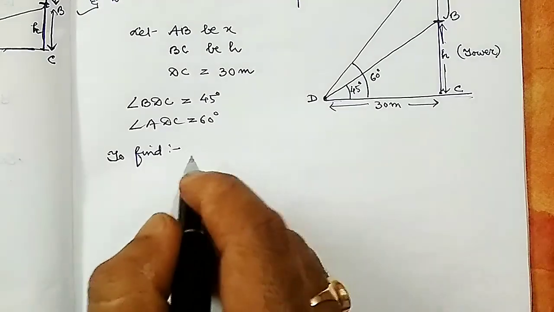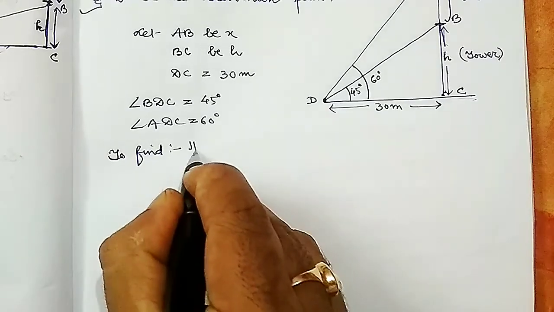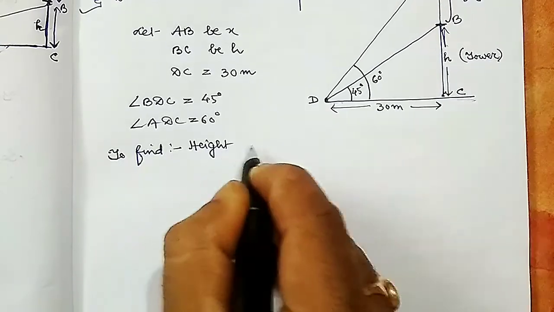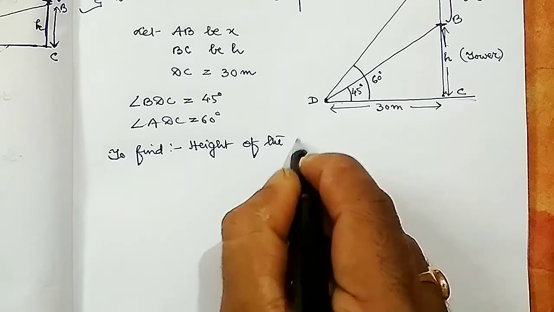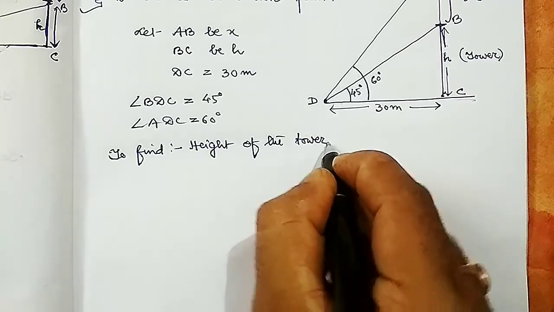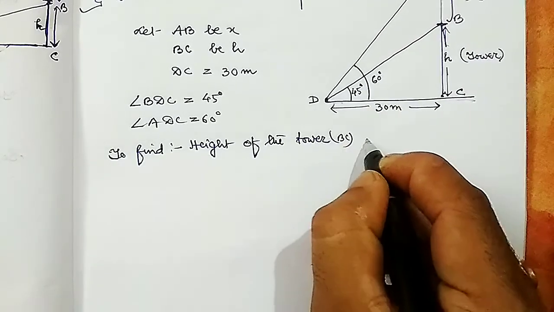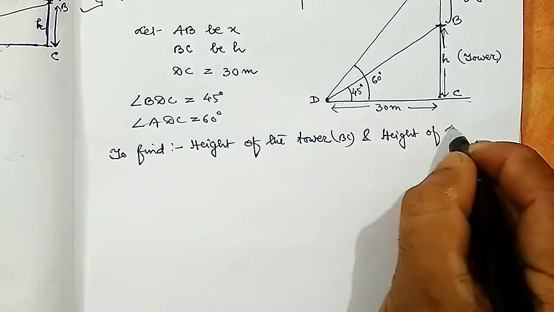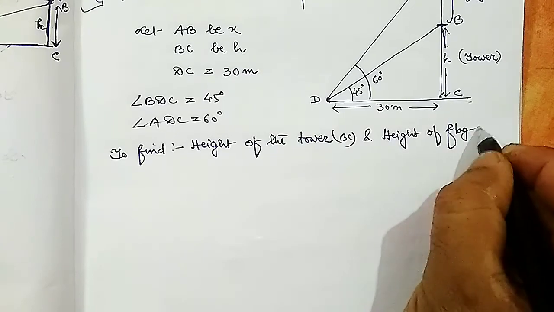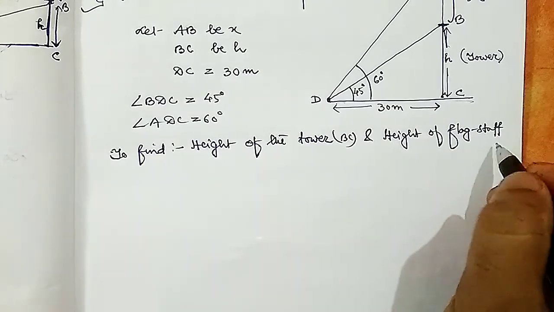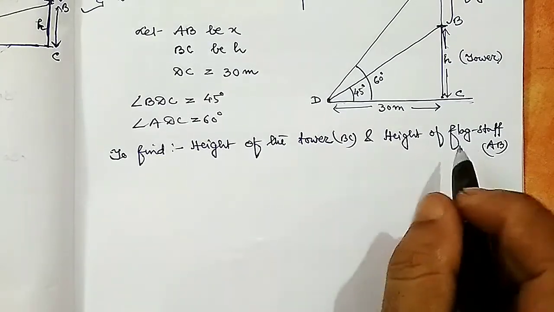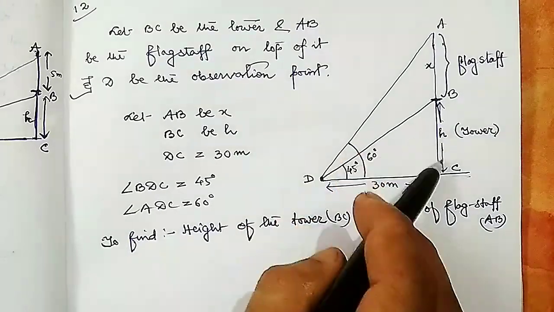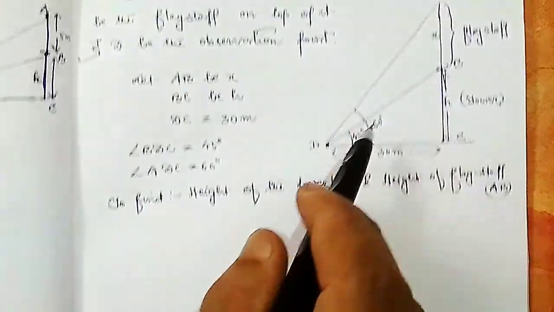So we have to find the height of the tower, that is BC, and the height of the flagstaff, that is AB. Clear? We have to find two things. One is the height of the tower, and then the height of the flagstaff.